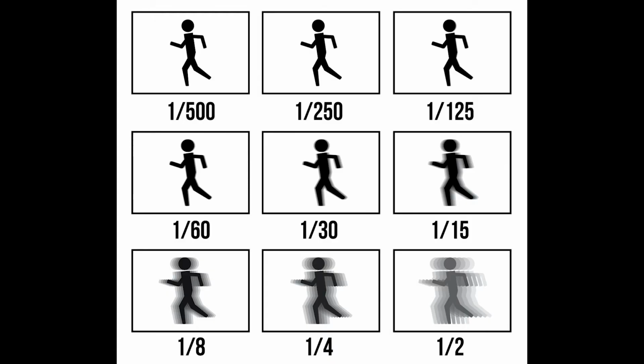How that's determined is, the faster the shutter speed, the bigger the denominator. The slower the speed, the lower the denominator. A higher shutter speed is for moving objects.